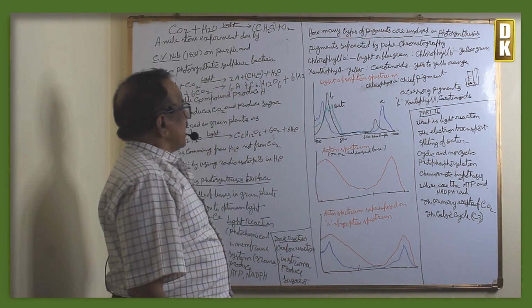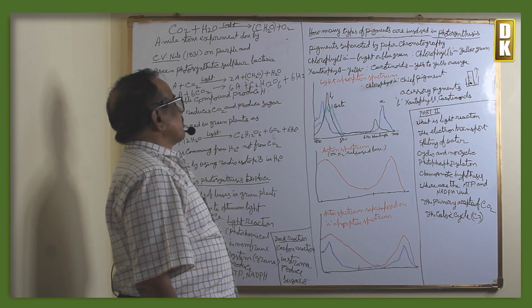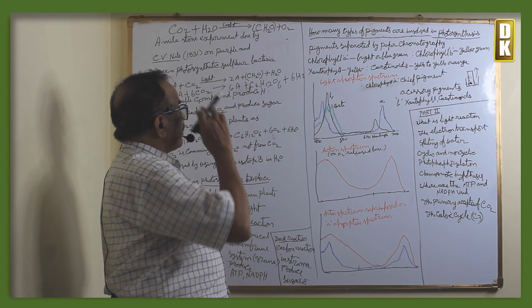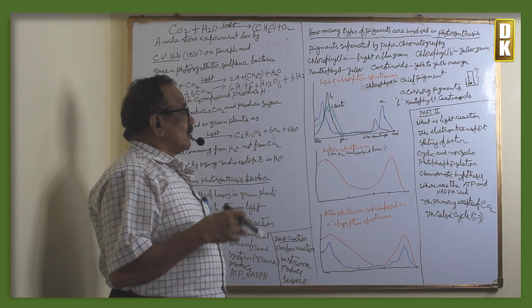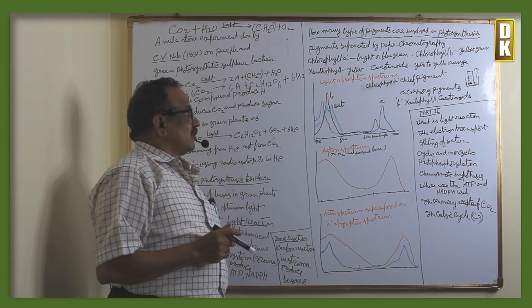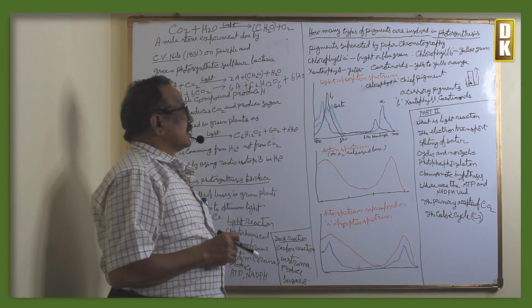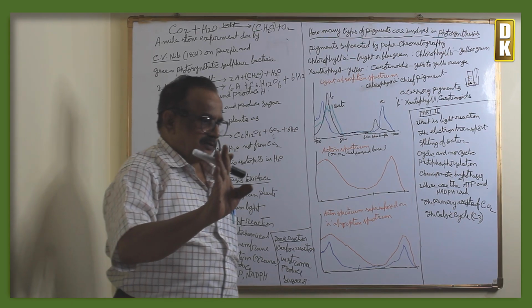And the accessory pigments are also important for protection. What is the protection? Photo-oxidation, already told. It means when the oxygen is more, it will spoil the chlorophyll molecules, but that is not happening because it is protected by the carotenoids. That much is enough for you.